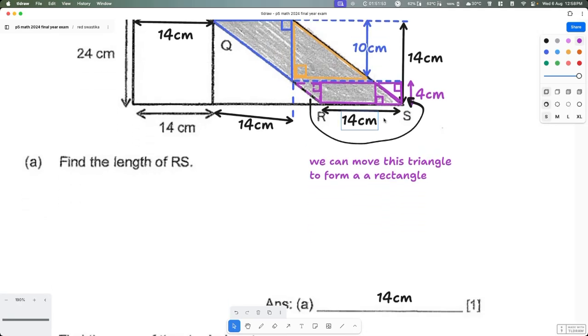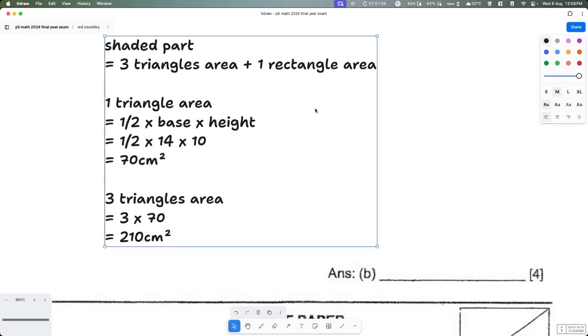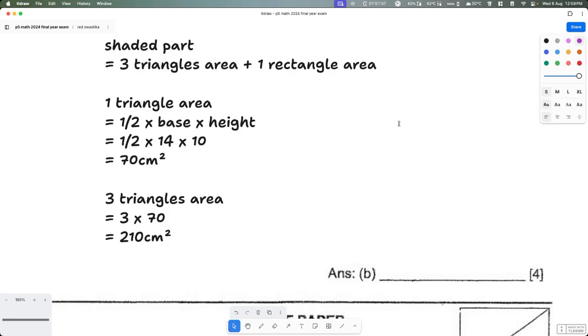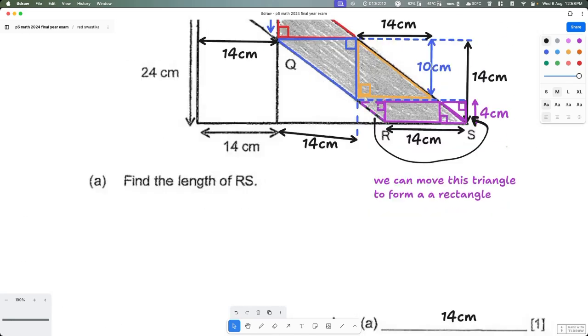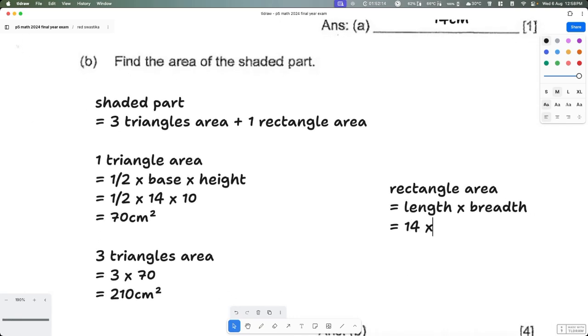So I'm going to put here rectangle area. It is equal to length times breadth, which in this case is length 14 and breadth 4. 14 times 4 gives us 56. Okay, so this is 56 centimeter square.